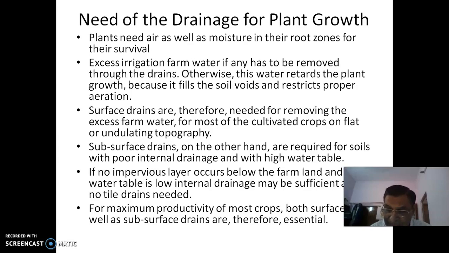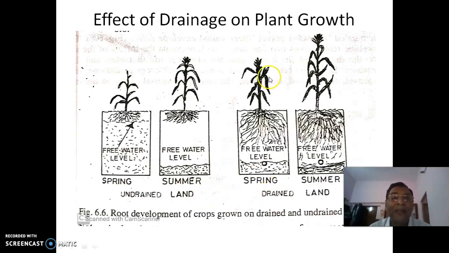You can see here the effect of drainage on plant growth. Here one is undrained land, this one is drained land.